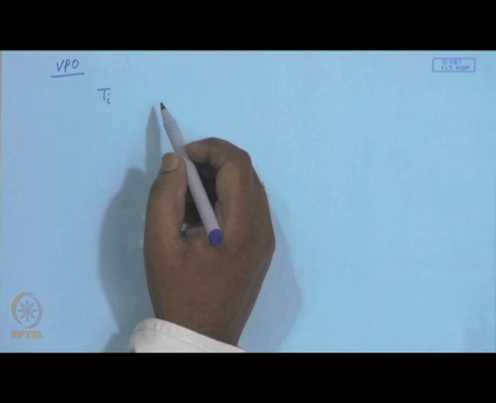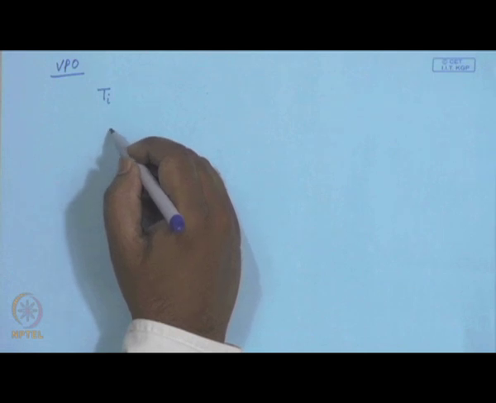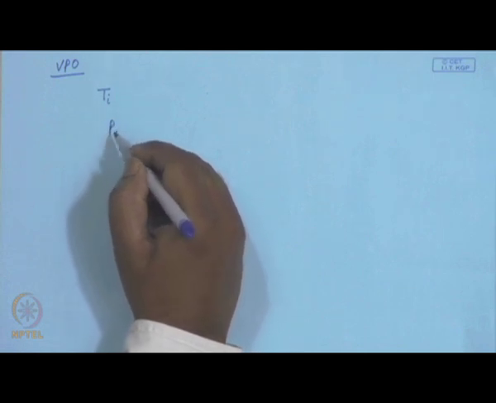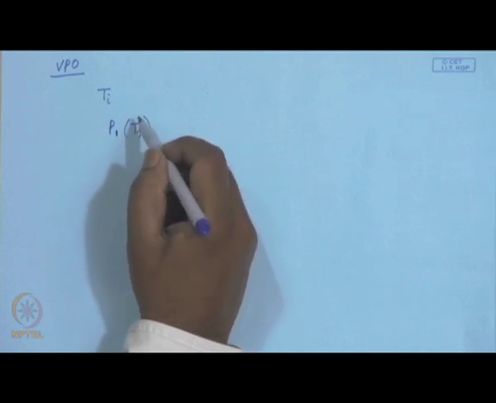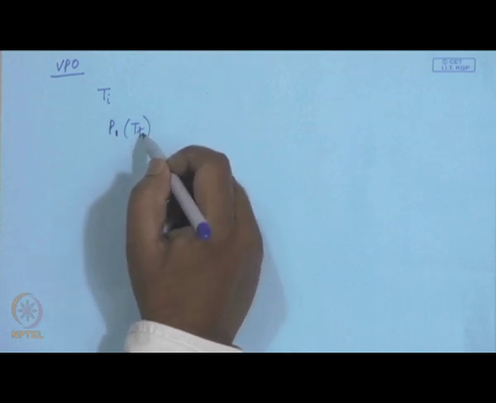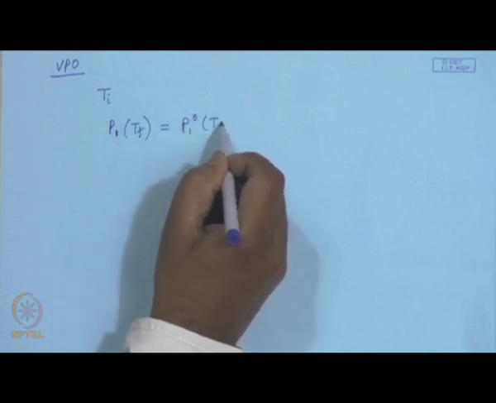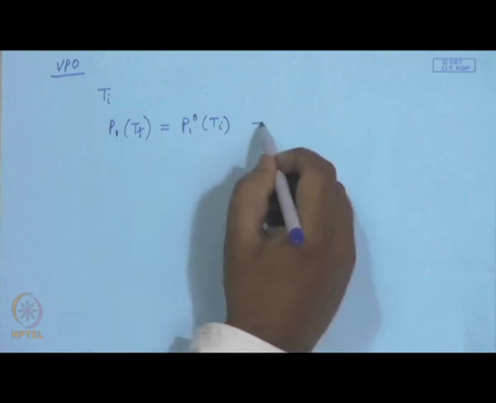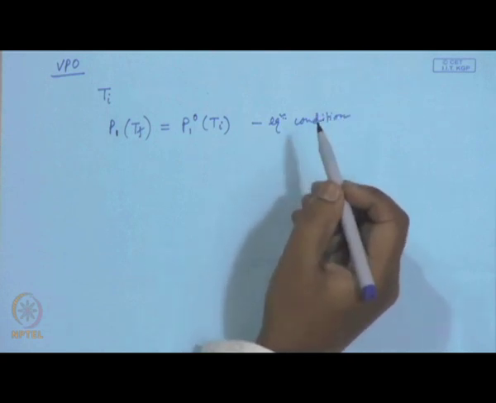So, the vapor pressure will be lowered, and we can write, if P is the vapor pressure of the solvent, P1 is the vapor pressure of the solvent at the final, elevated temperature because of the condensation of solvent vapor from the vapor phase to the solution phase, which will be equal to the initial vapor pressure. So, that is the equilibrium condition when the condensation stops.